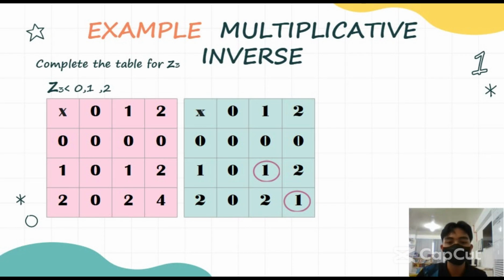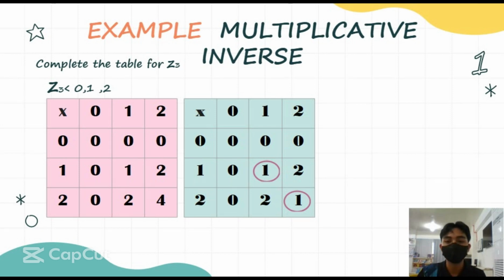For example, 2x mod 3, we look for a number that when multiplied by this x, we don't yet know what value it is, we have the remainder 1. So that is the concept of multiplicative inverse using the Z table, in Z3 we have the remainder 1.